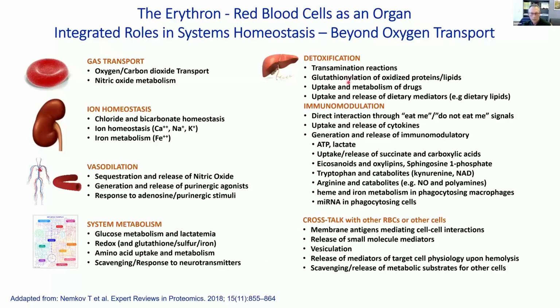Also, it has detoxification function, immunomodulation function, and one of the more interesting things with red blood cells, I think, that people don't really consider is crosstalk with other cells and how they impart a phenotype on the living system and how the living system imparts a phenotype on them. You can tell a lot about a blood cell's health from particular disease states, and they are phenotypically cross-talking between themselves and other cells.